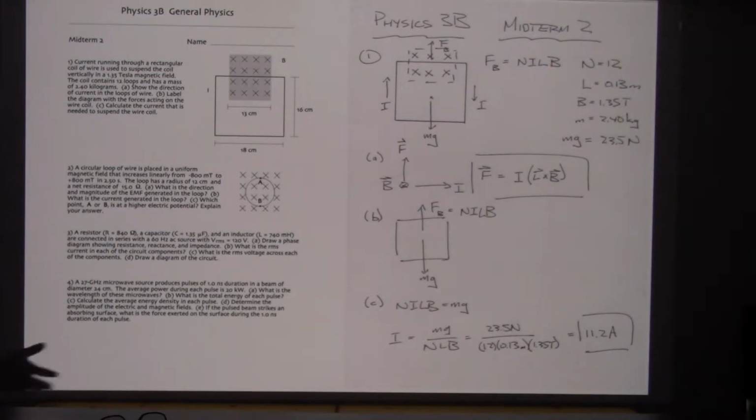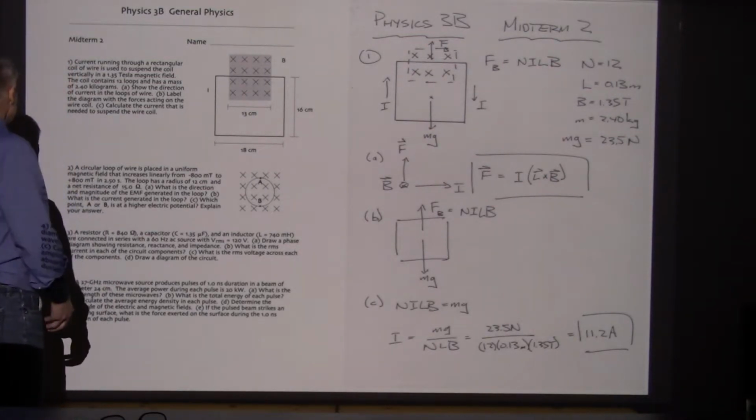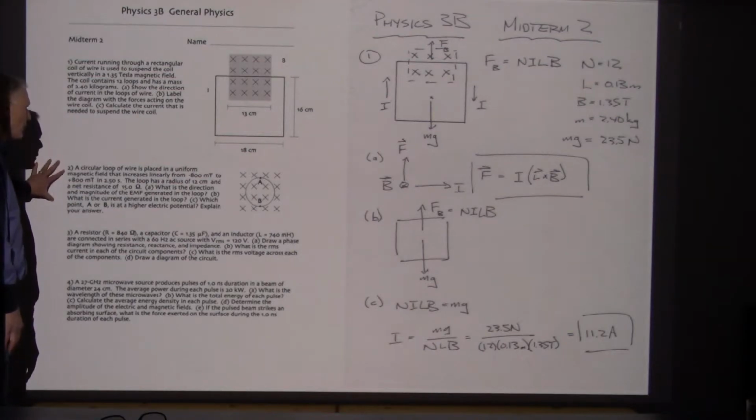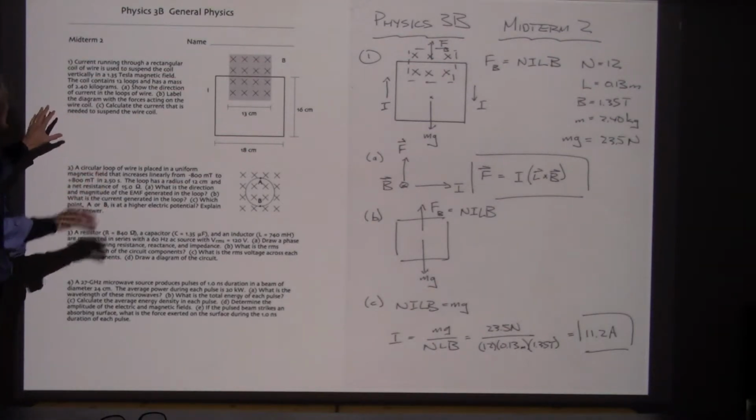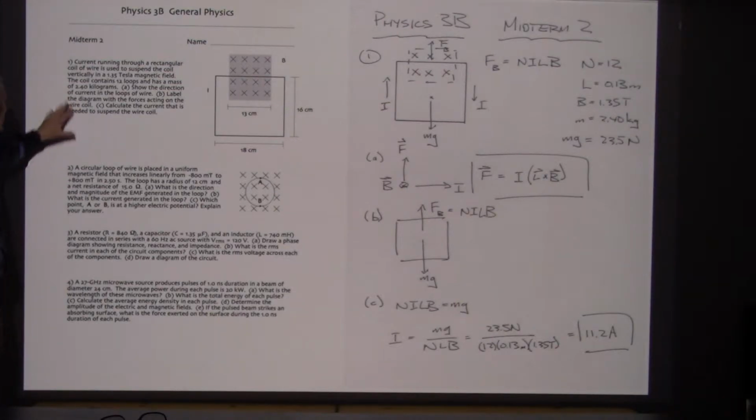And we're looking at both DC power supplies, we're continuing to look at those, and we've added in AC power supplies. So yeah, let's take a look and see what we've got here. So it looks like on this problem, just very, very generally, we've got a problem looking at magnetic forces.